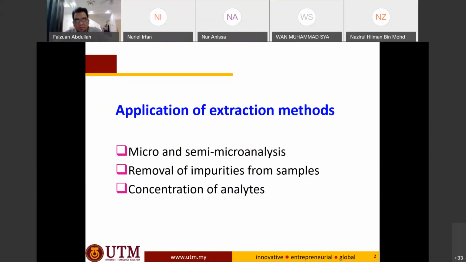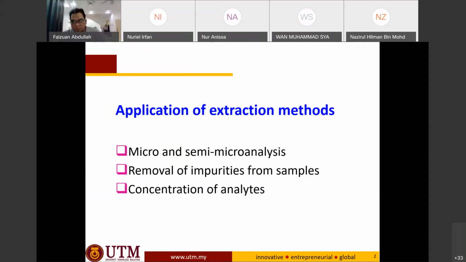We have solid sample and liquid sample, and liquid continuous. For the liquid sample, we have liquid or the cross current, liquid current, batch and continuous.